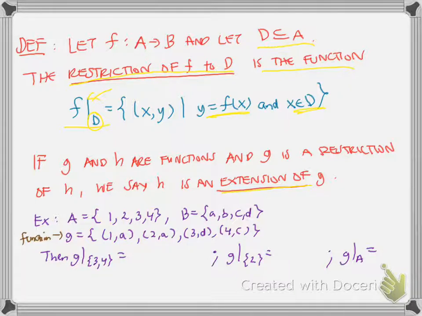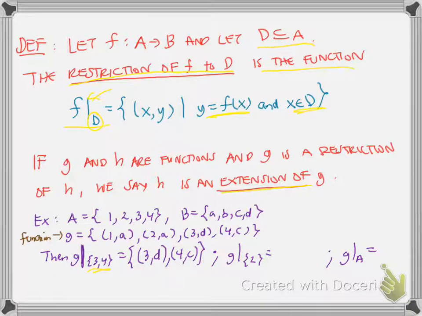A is the set {1, 2, 3, 4}. B is {a, b, c, d}. And g is the function that takes 1 to a, 2 to a, 3 to d, and 4 to c, because it's mapped from A to B. Now if we say g restricted to the set {3, 4}, that would equal the set containing just (3, d) and (4, c). Do you see that?